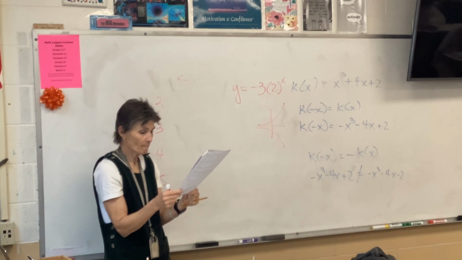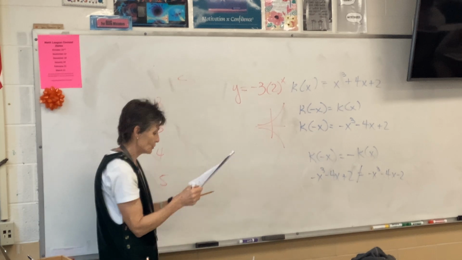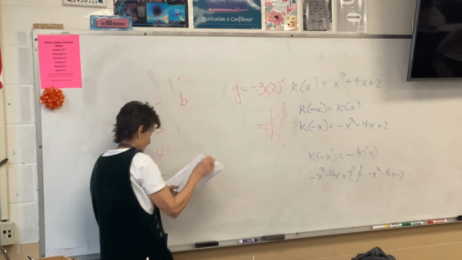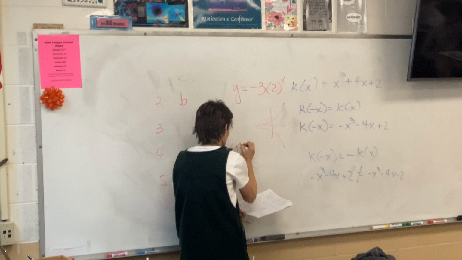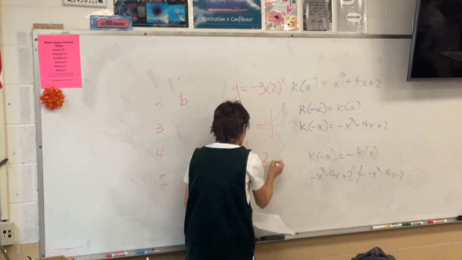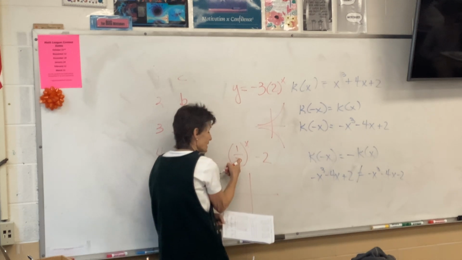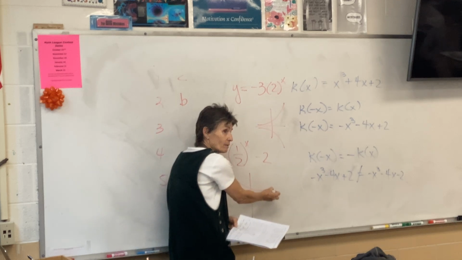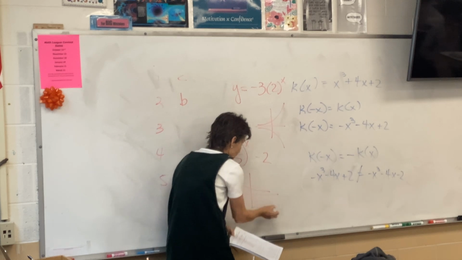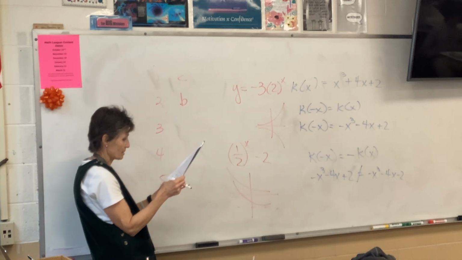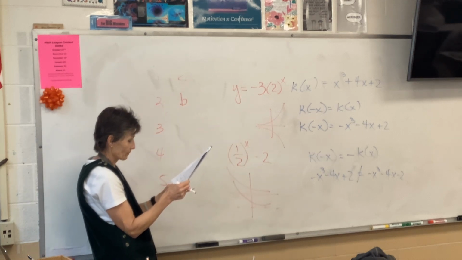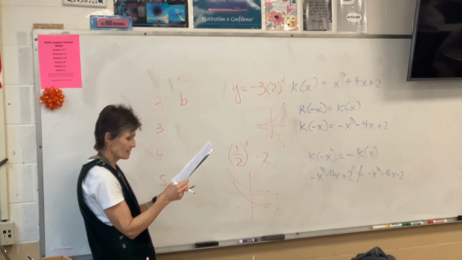Anybody see another one? 2 is B. 1/2 to the x minus 2. Now, 1/2 to the x is going to be the k. Would everyone agree? And then we're going to drop it down 2. And you said that was. Okay, that's not right, is it?